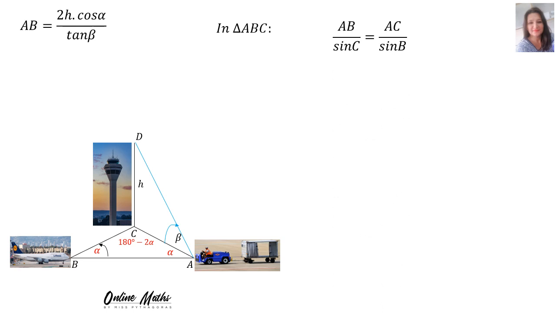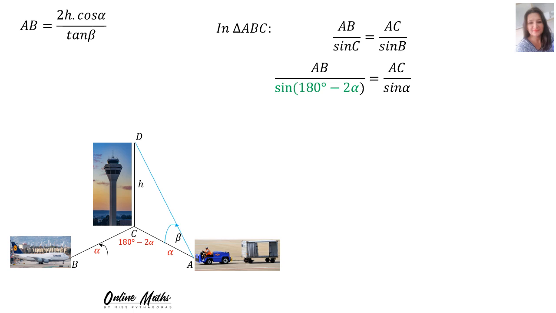We can say AB over sin C is equal to AC over sin B. So let's substitute the angles there. C's size was 180 degrees minus 2 alpha, equals AC over, and the angle there at B is alpha.